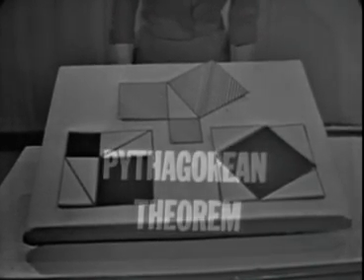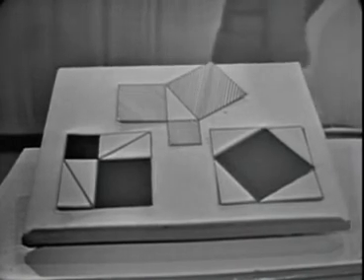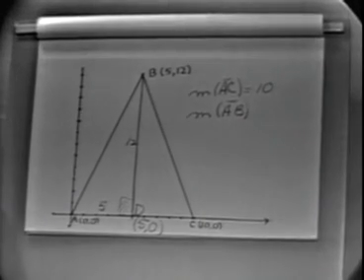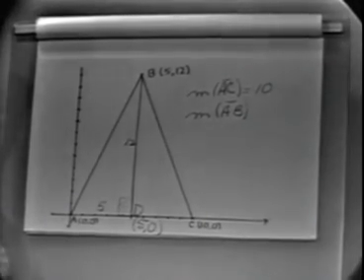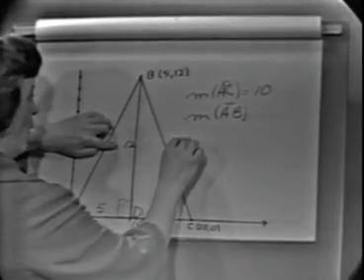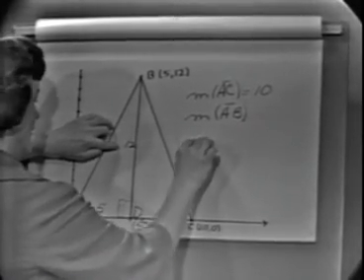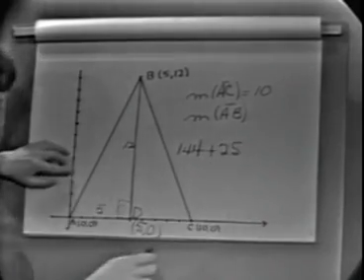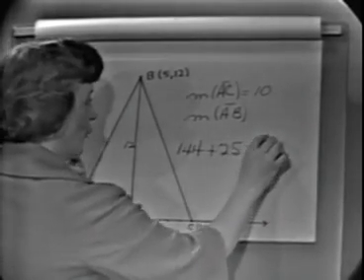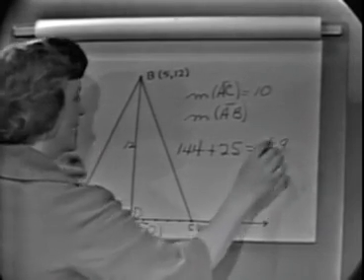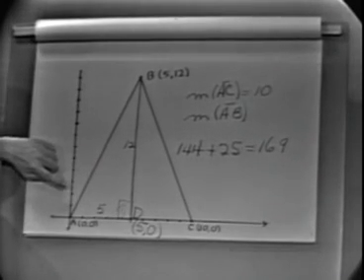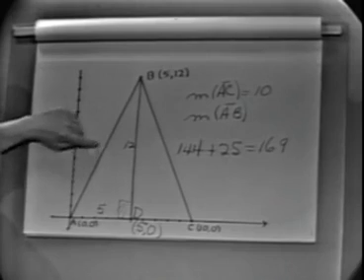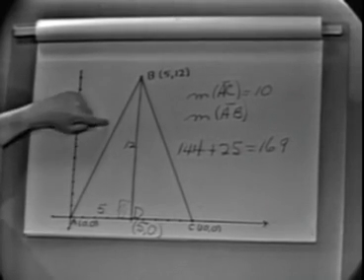But now let us return to our isosceles triangle. Using this information then, 144 plus 25, which is equal to 169, must equal the measure squared of this segment.